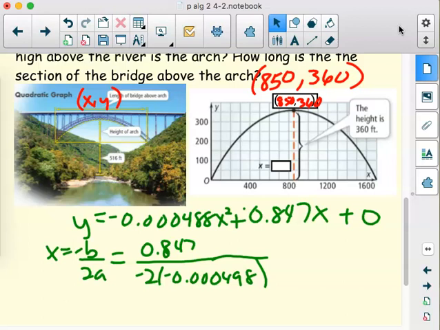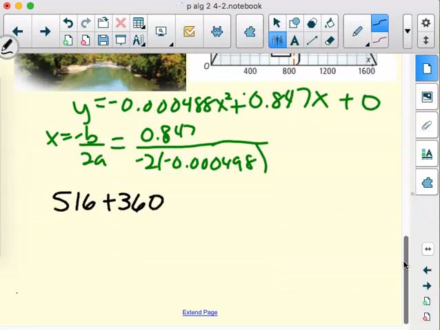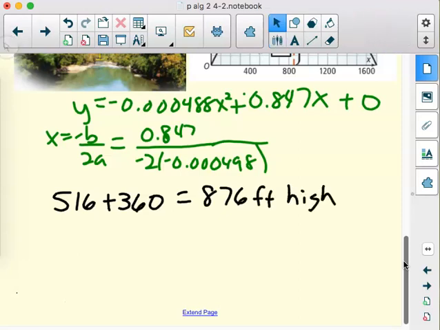So I'm going to have to take 516 plus 360 to get the height all together. So what do we have? 876 feet high.